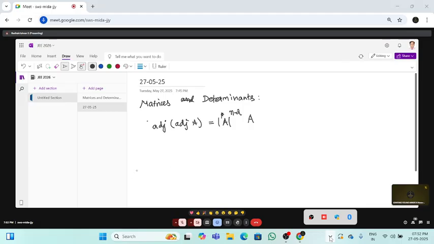Okay. So from this it follows that A is equal to 1 by det A to the power of n minus 2 into adj of adj.